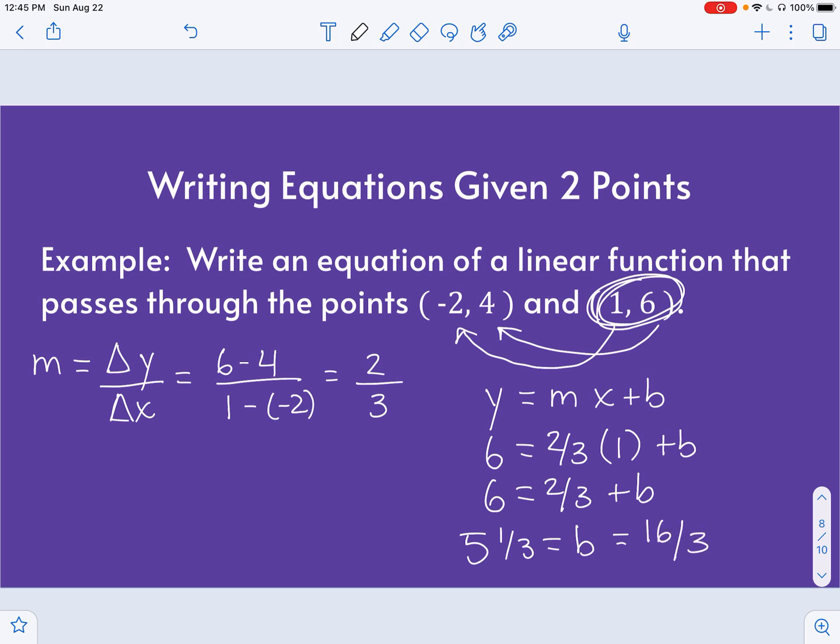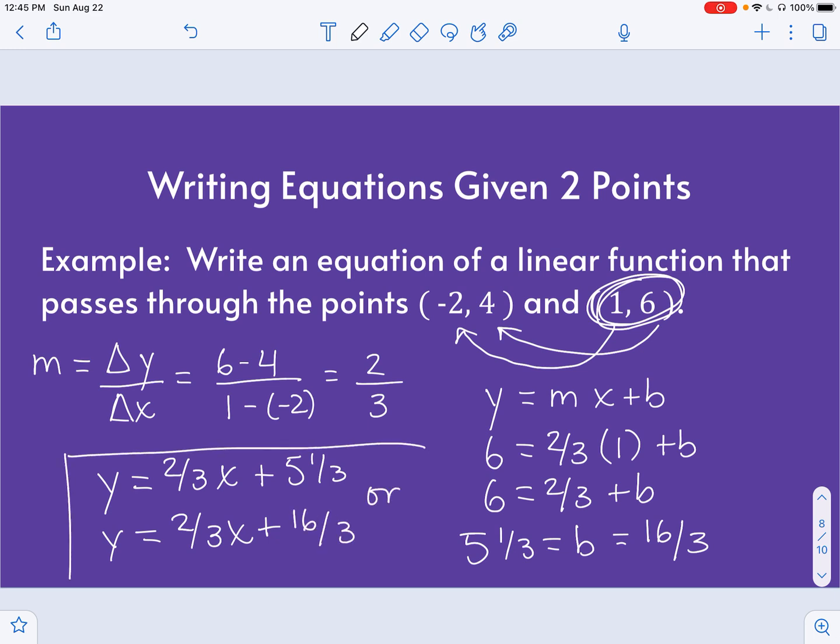Either way, you need to have an equation. So your equation is y equals 2/3 x, and you can either leave it 5 1/3 or change it to 16/3. They are equivalent. It does not matter which one you choose.